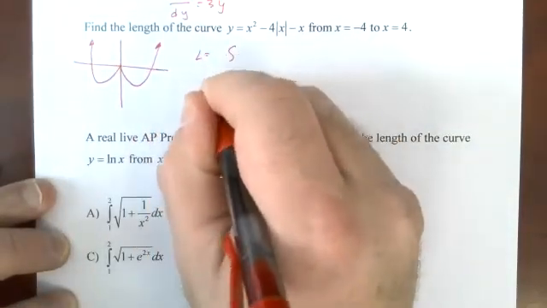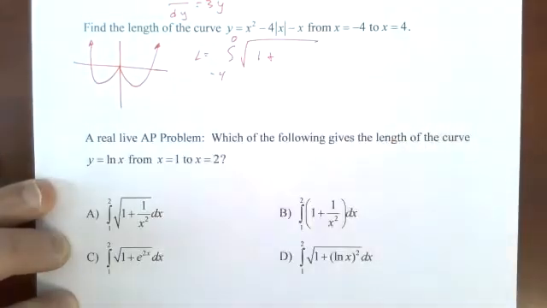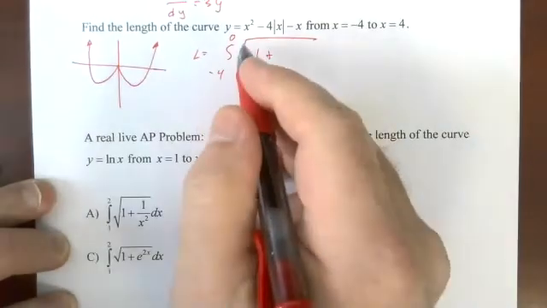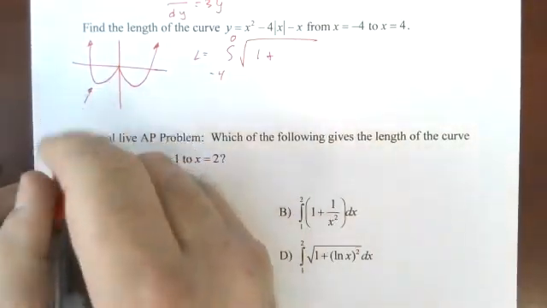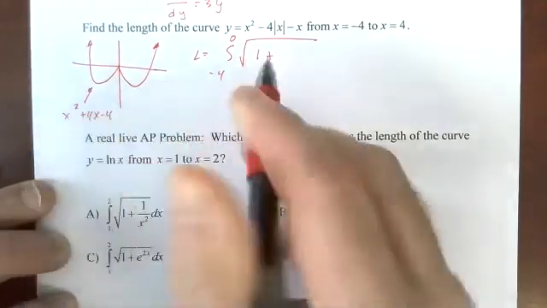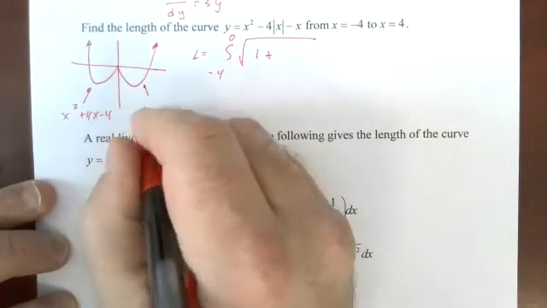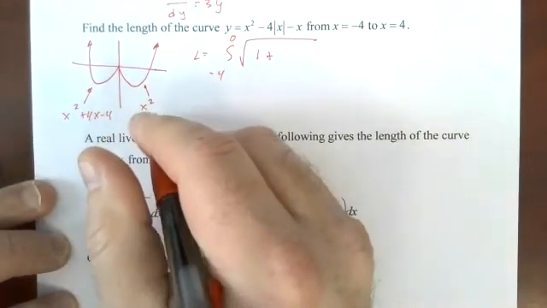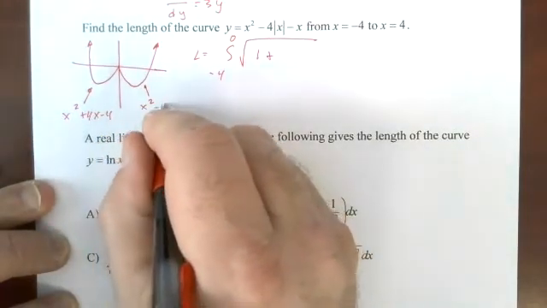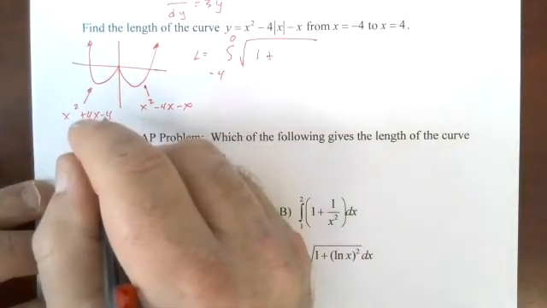Length equals from -4 to 0, root of 1 plus, over here, this is going to be x squared plus 4x minus 4 because it's negative of what it really is. Over here, it's going to be x squared minus 4x. Where did I get this 4 from? Weird.